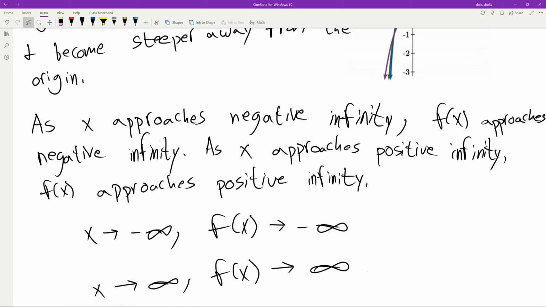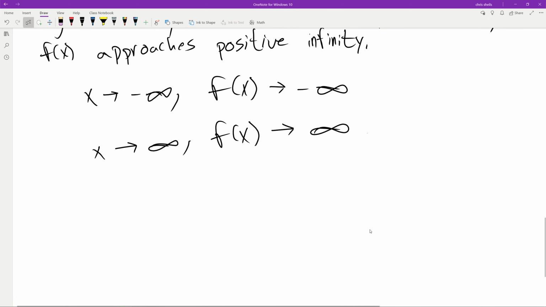This brings me to this idea of long run behavior.